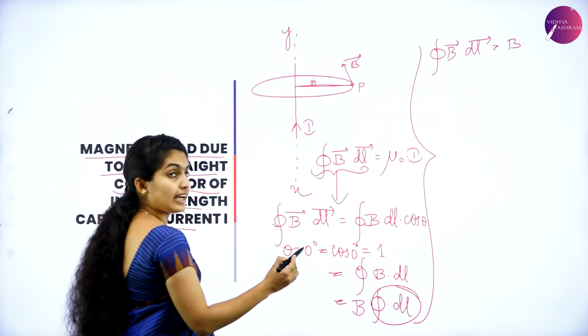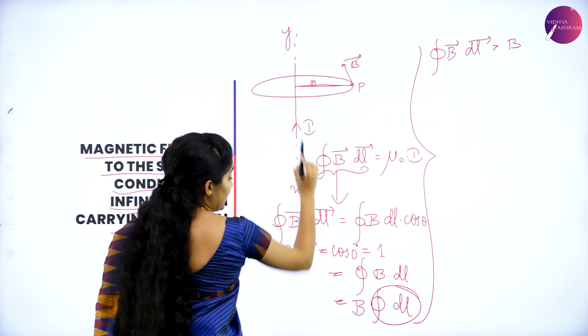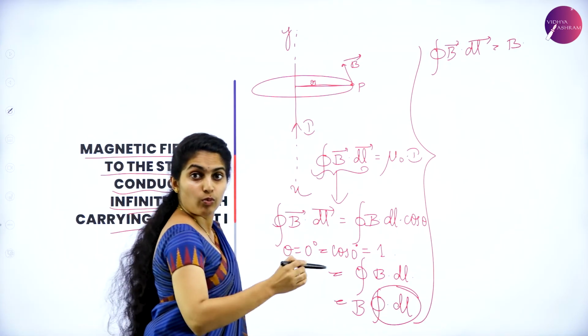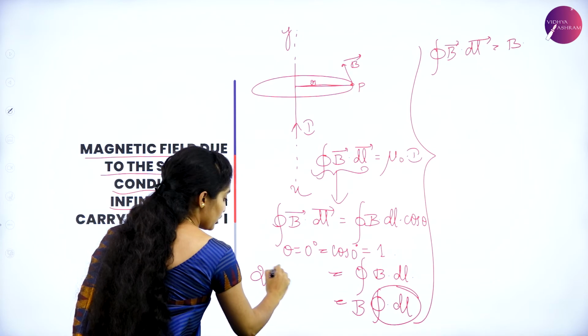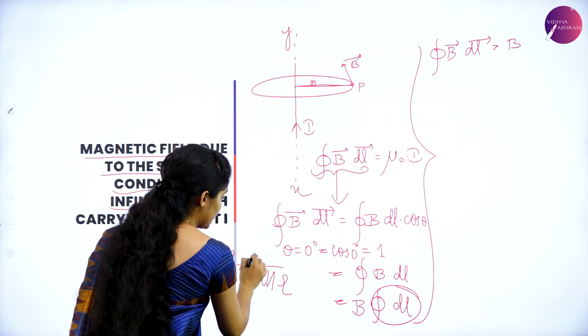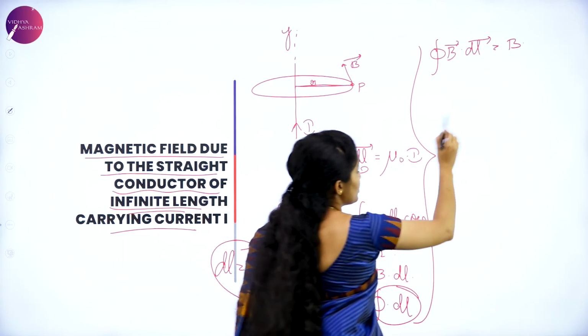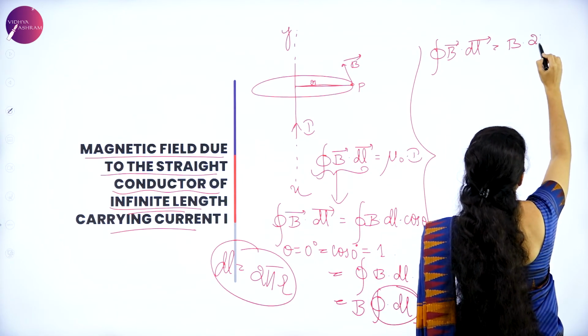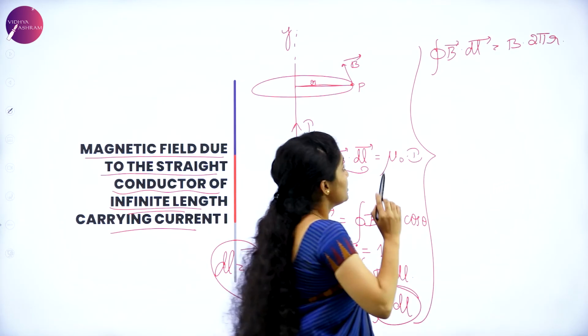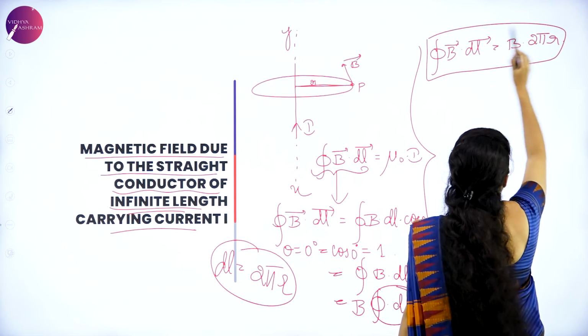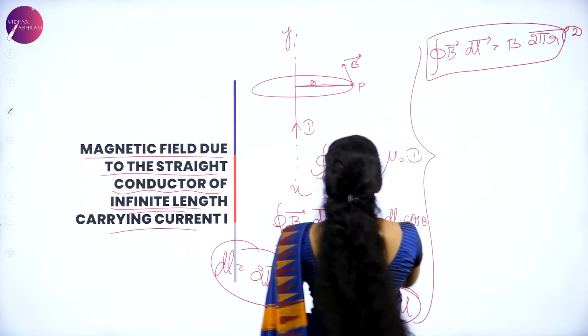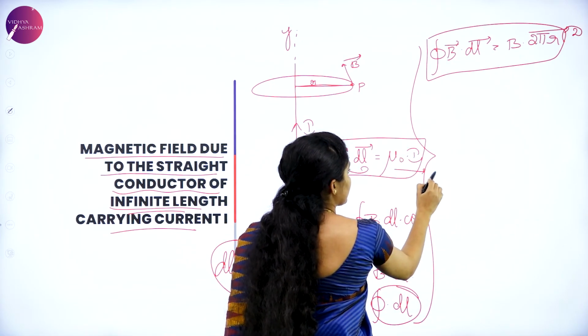That means it is a complete element. The line element throughout the circle is nothing but 2πr, so the integral of dl is equal to 2πr. What remains is B into 2πr. This is equation 2 and the earlier one is equation 1.